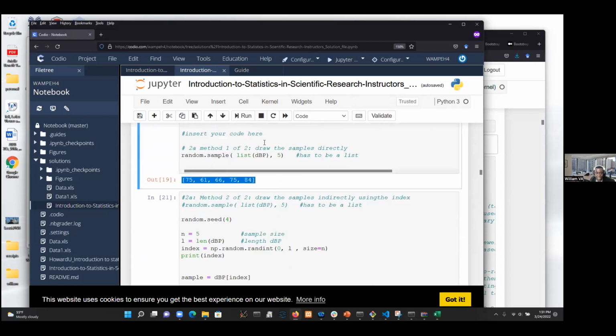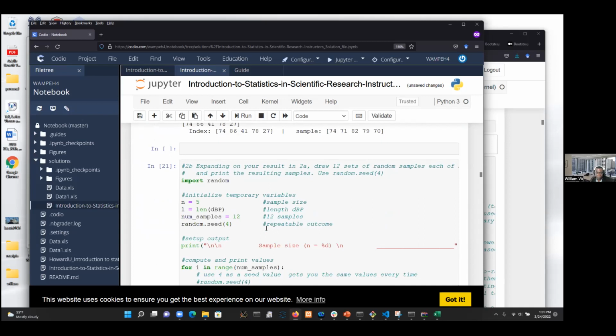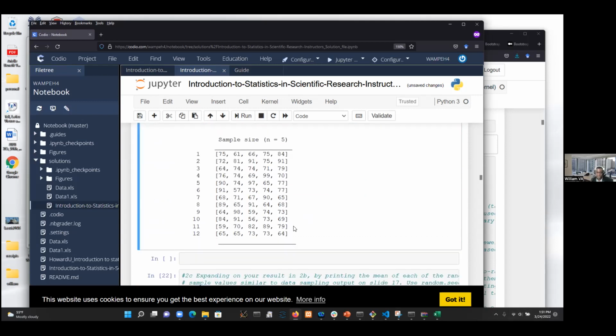Then I'm going to put these lists together in a nice form, and that is what Paul did. So here, I'm throwing a loop around it so that each time the list is generated, I print it out, and that gives you this nice output, which is similar to what Paul provided on slide 16.